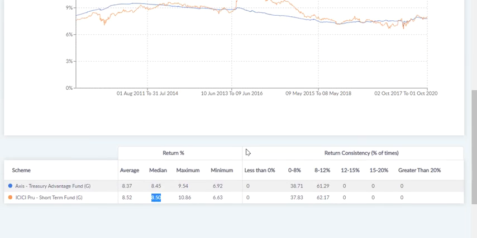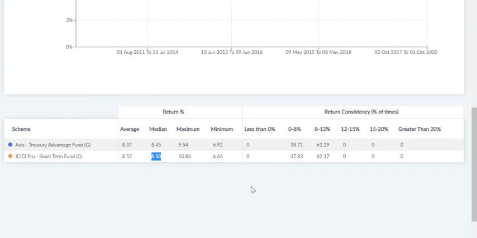So if 100 people had invested on every day, some would have got minimum 6.92 and the highest return one person would have got 9.54.